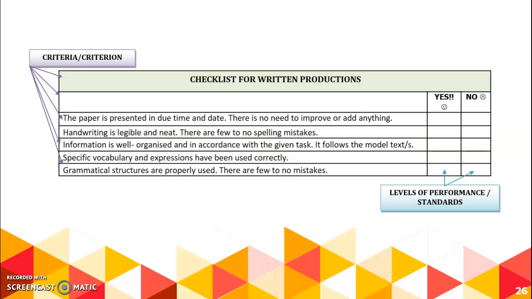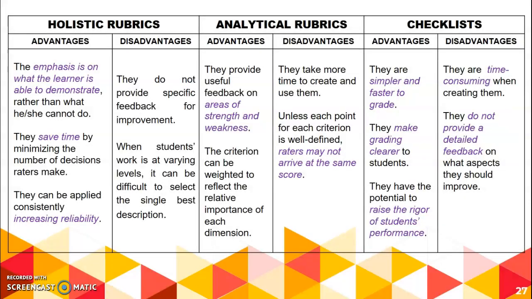The main disadvantage of checklists is that they do not provide detailed feedback. They are not judging the quality of what students have learned. Yes, so we should be careful.